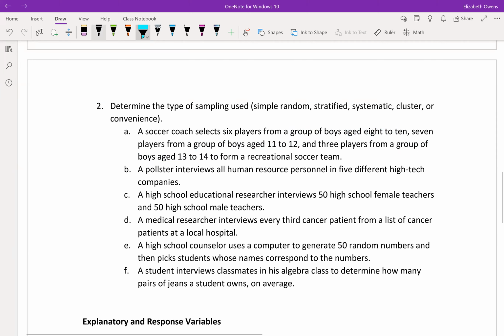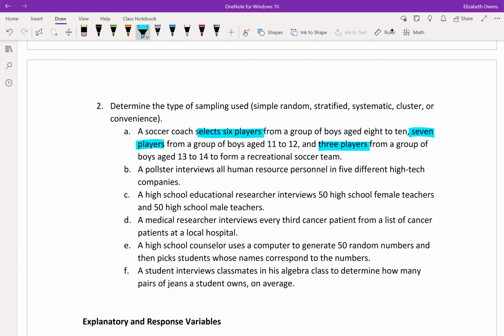So he has created some groups there by age. And then take a look at how many players he's selecting from each group. We'll notice that it's not an equal number of players, and it's not everyone from that group.